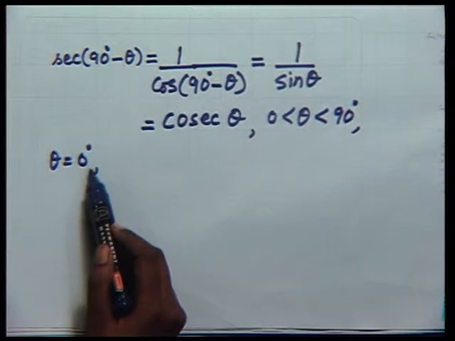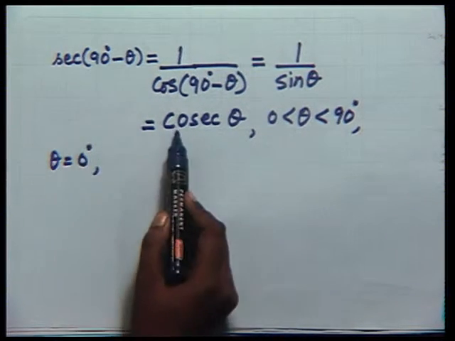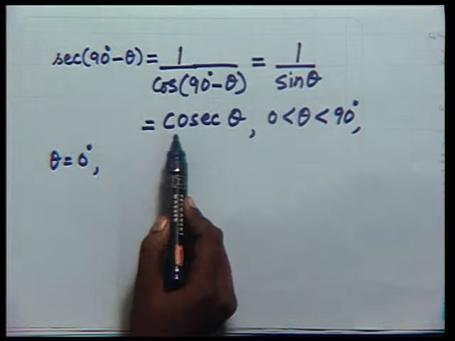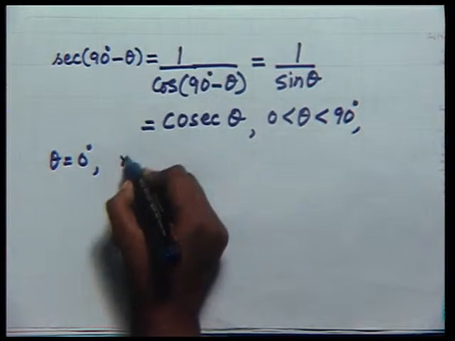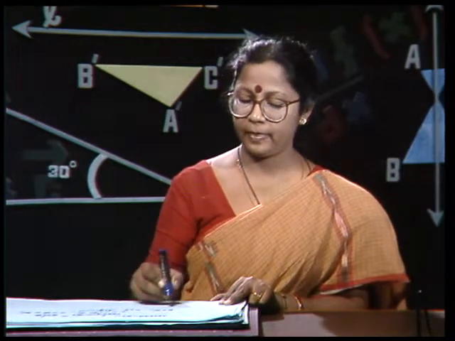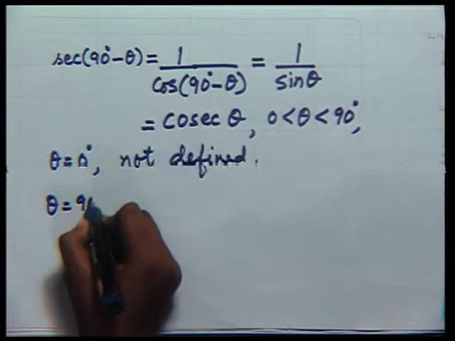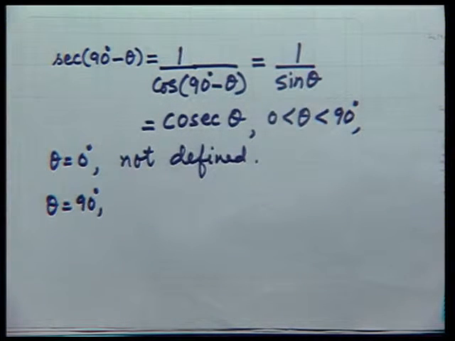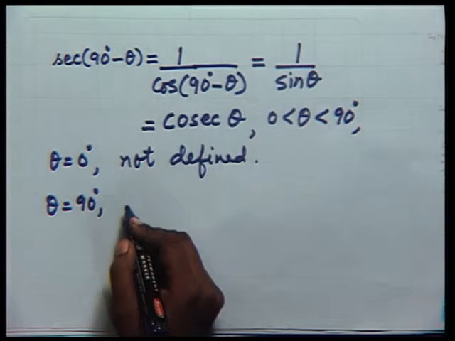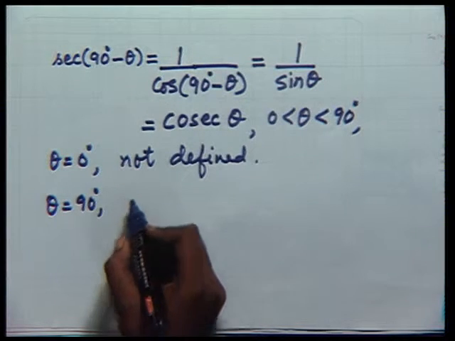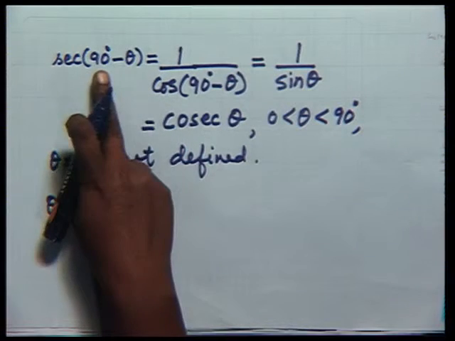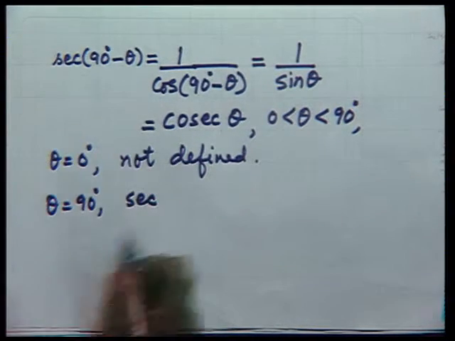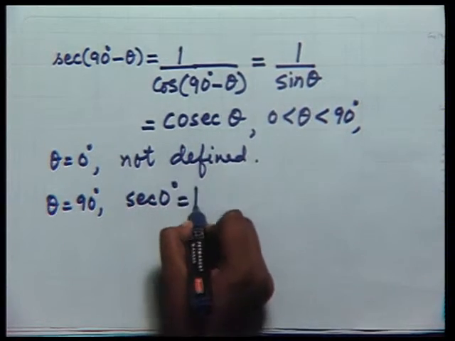So, for theta is equal to 0 degree, this equation, that is secant (90 minus theta) is equal to cosec theta, is not defined. What happens when theta becomes equal to 90 degree? When theta becomes equal to 90 degree, we have sec (90 minus 90), that is sec 0, is equal to 1.